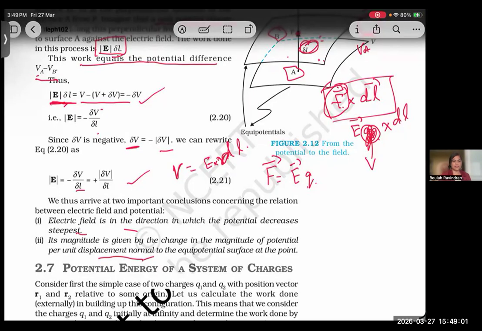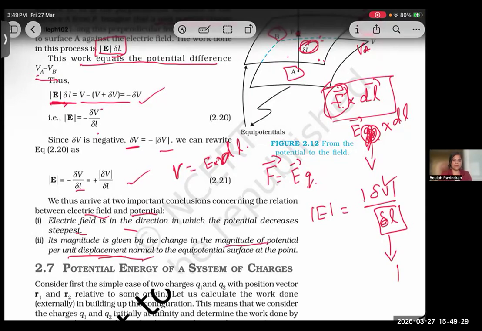Suppose we are considering magnitudes, so we take E modulus equal to delta V modulus by delta L. They are saying for unit displacement. So what is unit displacement? It is equal to 1. For a unit displacement, the electric field magnitude is given by the change in the magnitude of the potential.